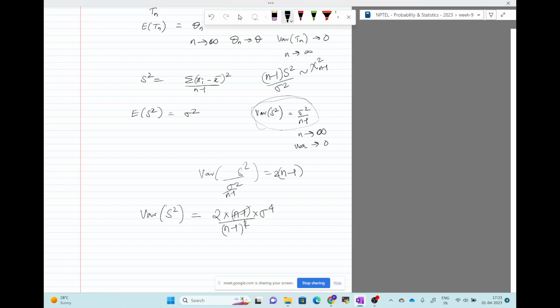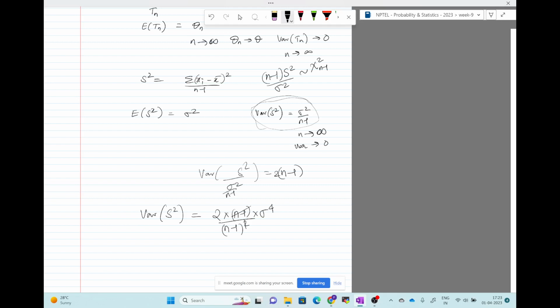Should it be sigma square or sigma power 4? It has to be sigma power 4 because we are squaring the constant, right? In case of variance, variance is sigma square, no?